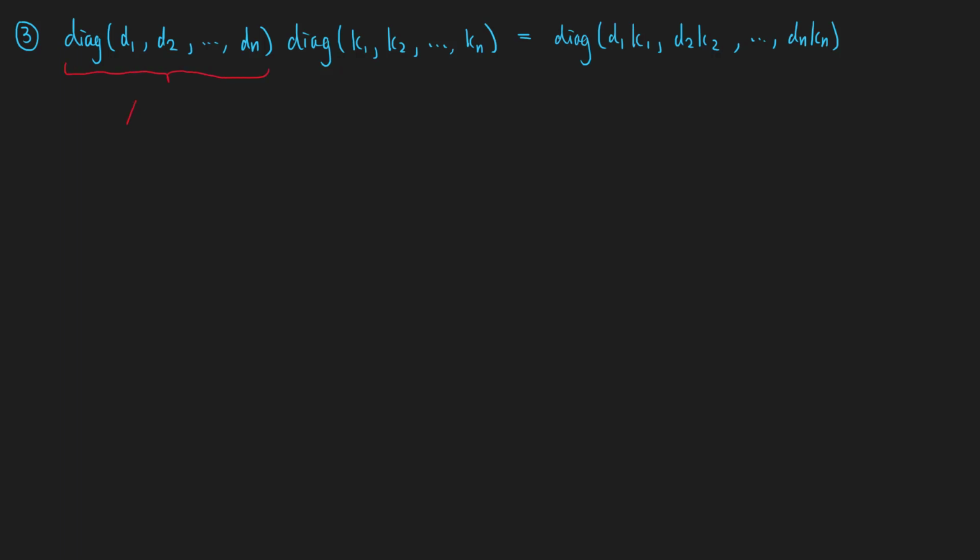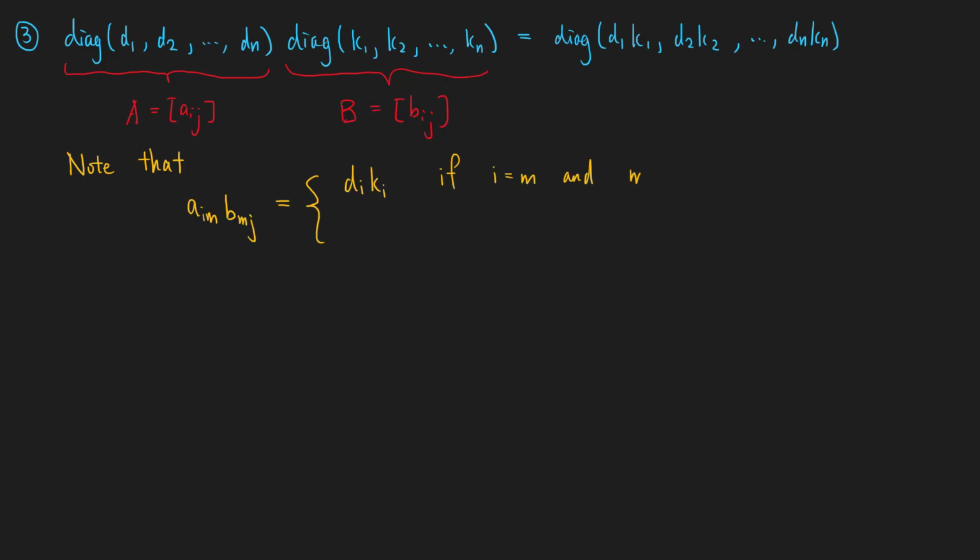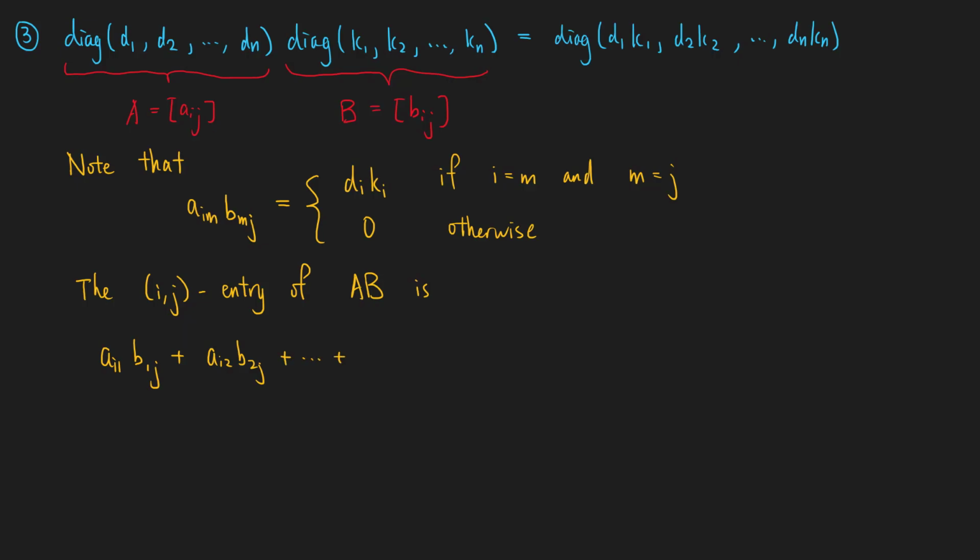To prove this, let A with entries aij be the first matrix, and B with entries bij be the second matrix. Now, aim times bmj equals di times ki if i equals m and m equals j, and 0 otherwise. So, the ij entry of A times B is ai1 times b1j plus ai2 times b2j plus all the way to ain times bnj.